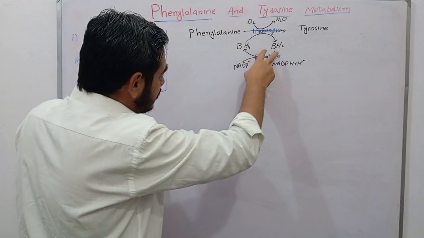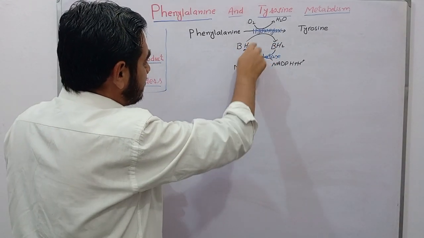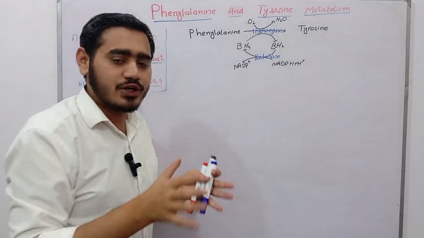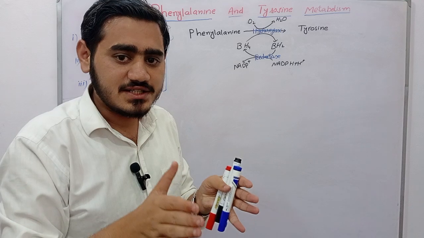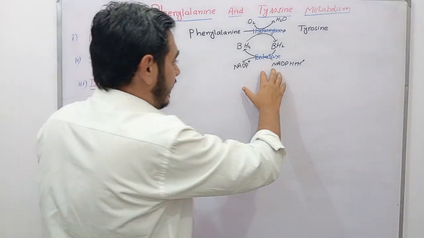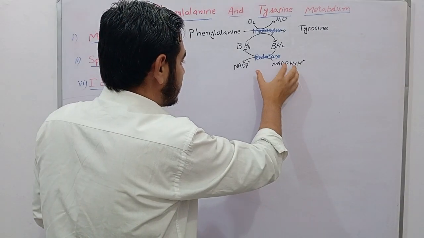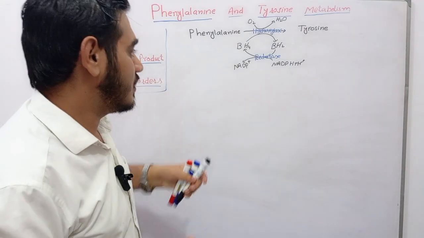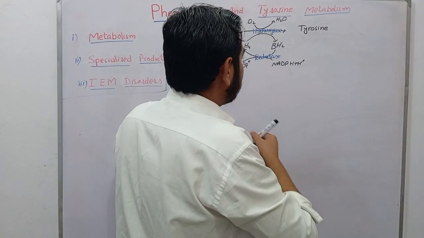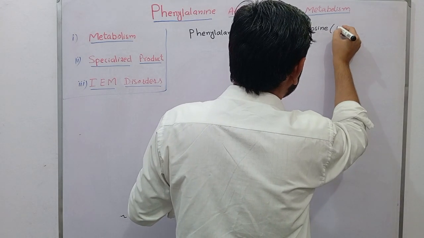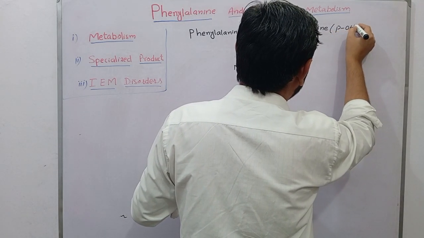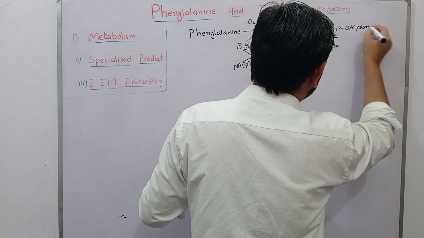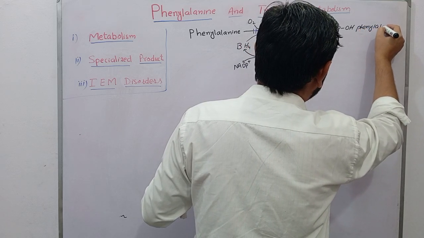This BH2 converts back into BH4, and this BH4 gets regenerated by the action of dihydrobiopterin reductase enzyme, and here NADPH and H plus get utilized, and there is a formation of NADP plus. Now another name of this tyrosine is para-hydroxyphenylalanine.